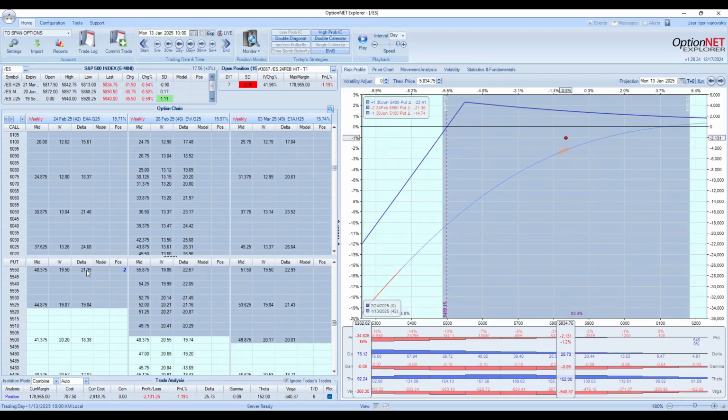for me, it's when the delta of my naked put, if I sold this naked put and it was a delta 10 or a 9 or 11, somewhere in that neighborhood, when it doubles, it doesn't mean that you have to stop everything you're doing and take a loss.